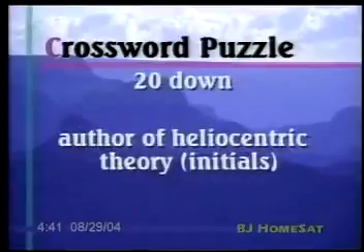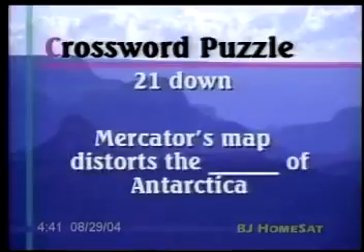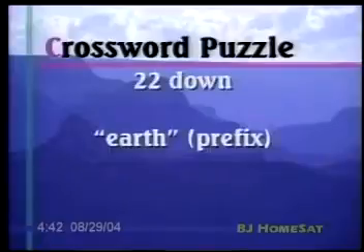Author of heliocentric theory. Just his initials. Okay, then we have 21 down. Mercator's map distorts the blank of Antarctica. And then our last one down, 22 down. Earth. What is the prefix meaning Earth?